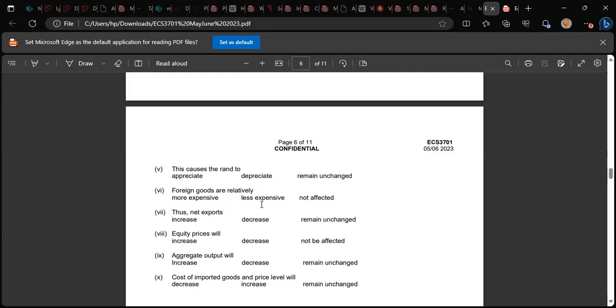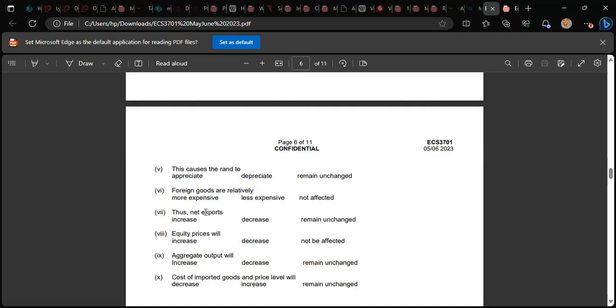So our net exports are therefore going to decrease. In other words, our balance of payments should worsen under these circumstances. So this effect is basically going to induce us to import more than we export. All right.